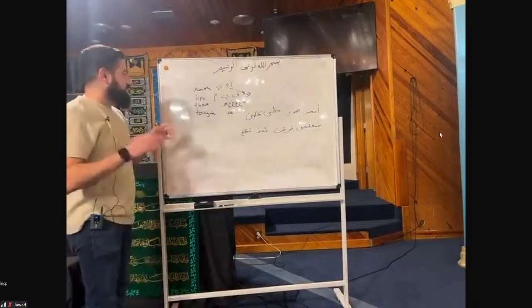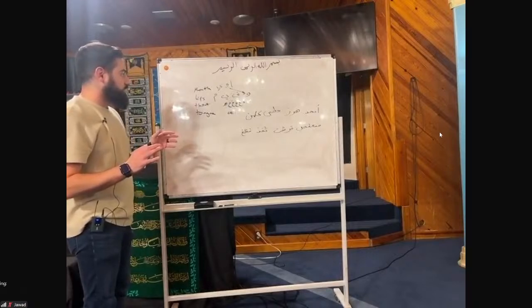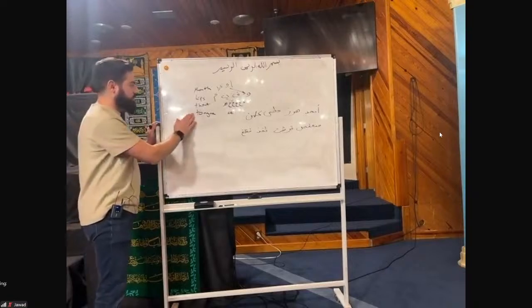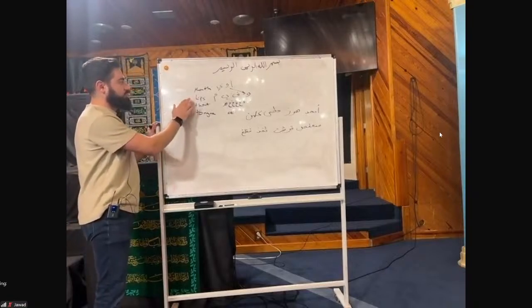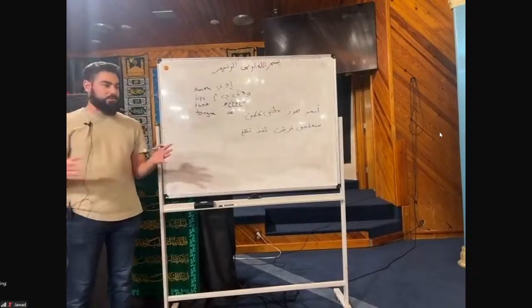So I find that the most challenging letters happen with some of the tongue and some of the throat, because there's a lot of overlap with English, there's a lot of overlap with other languages.